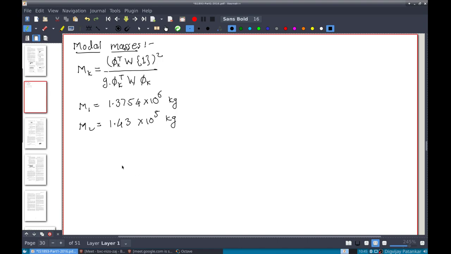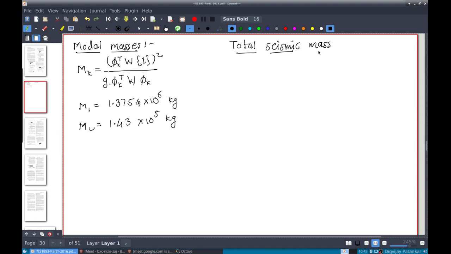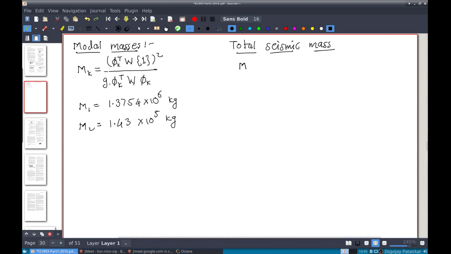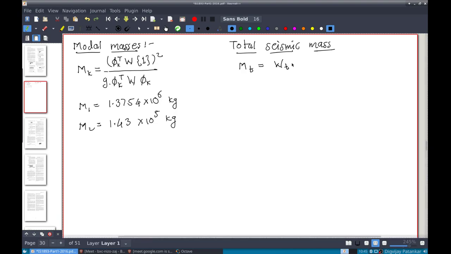So let us first take the total seismic mass. Total seismic mass, let us say MT, is equal to WT divided by 9.81.